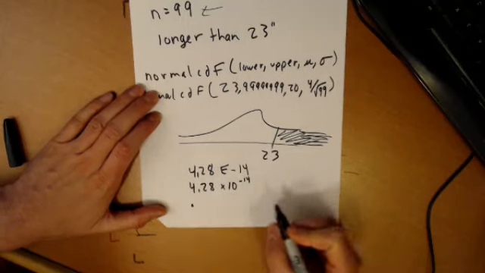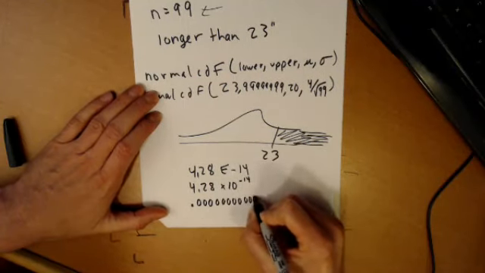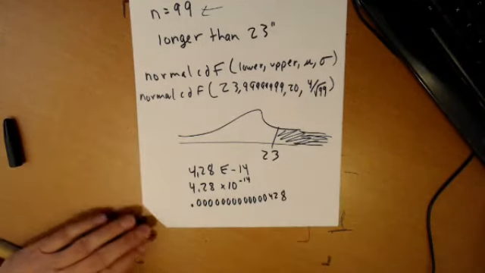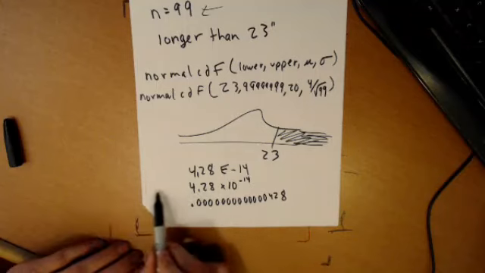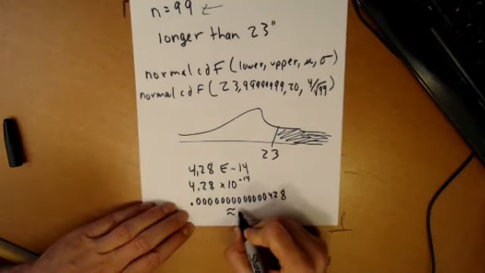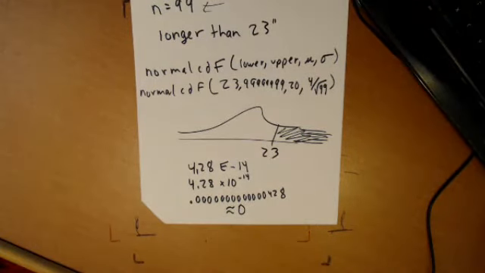So that would be point... there. I move that decimal 14 places to the left, and I would get this number, which we could say is approximately 0. It's super tiny.